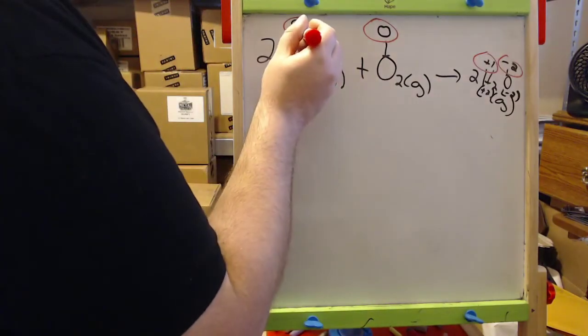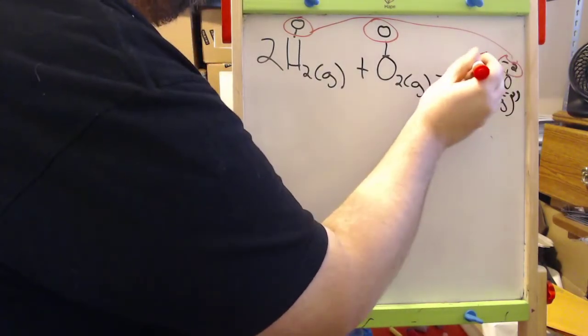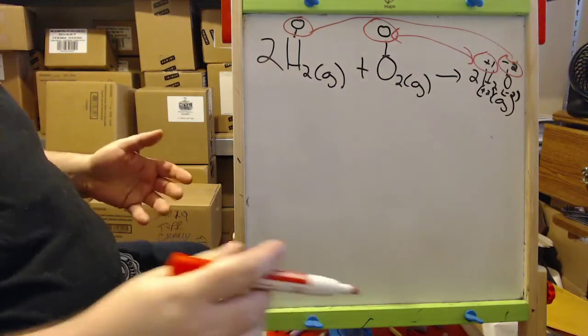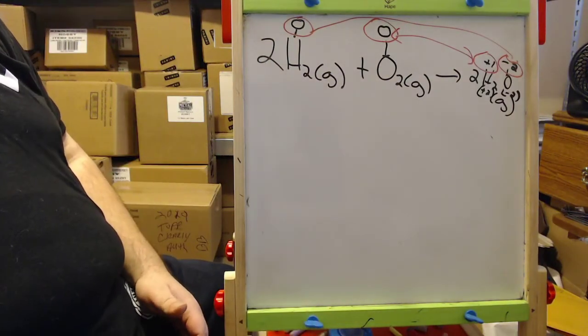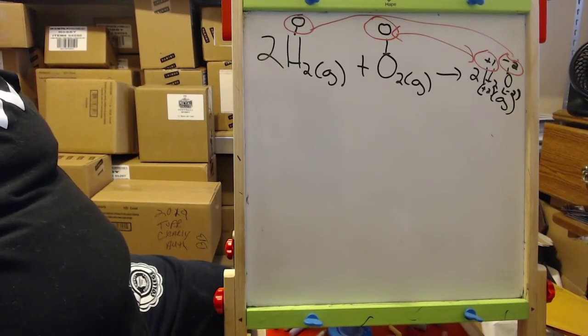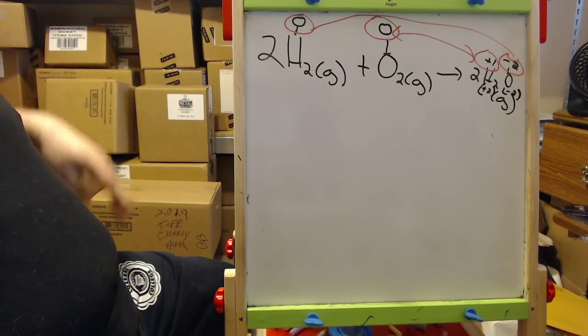Is there a difference between the 0 on oxygen and the minus 2? Is there a difference between the 0 and the plus 1? The answer is yes. If there were no difference, then we wouldn't be a redox reaction. But we are.